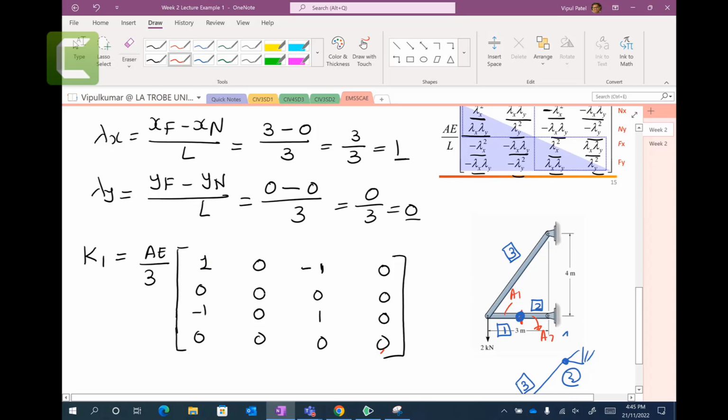Second, this guy, same as this one. Perfect. This guy, same as this one. Perfect. This guy, same as this one. Perfect. No issue. If something goes wrong, I will need to go back and check my calculations because there are a lot of multiplication and a lot of things happening. This guy here, same as this one.